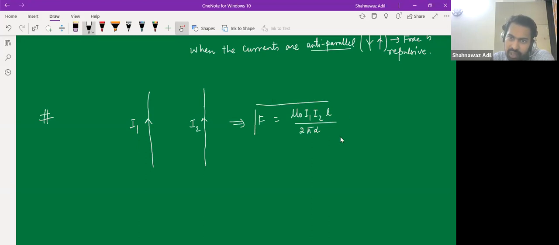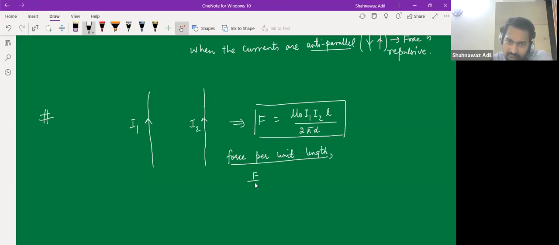Now there is another thing called force per unit length. This is F per unit length L, so small f is mu naught I1 I2 divided by 2 pi. This is the force per unit length.